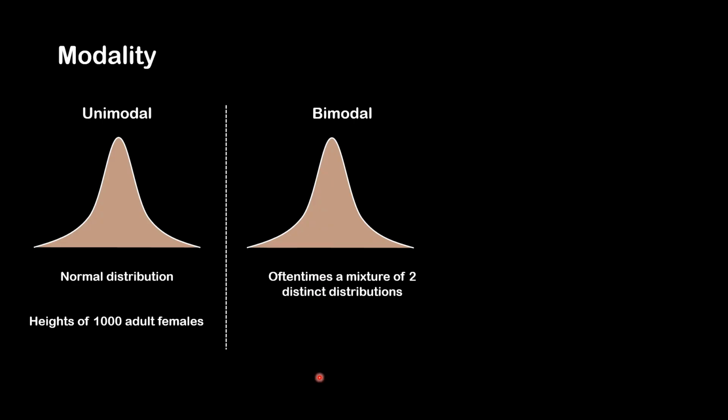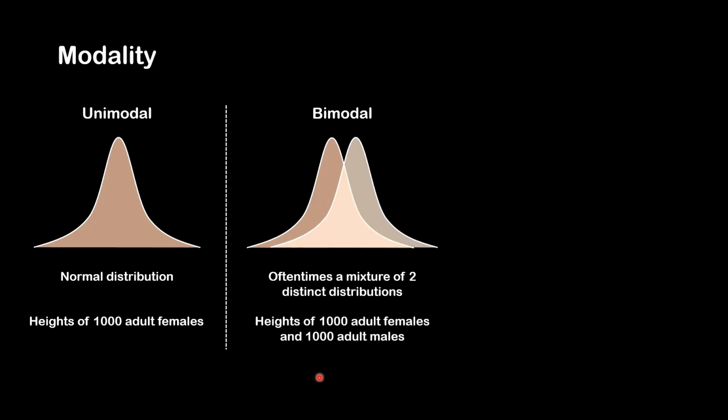If you mix up the heights of 1,000 adult females and the heights of 1,000 adult males, and you visualize the resulting distribution, it's going to look bimodal. It's going to have two peaks because the average height of women is slightly lower than the average height of men.